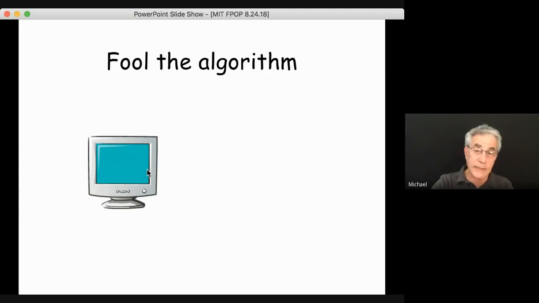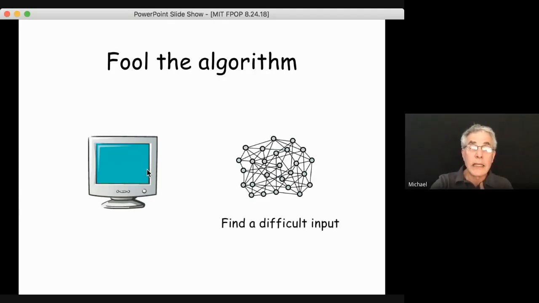Another approach would be to try to find an input, an example like a number to factor or a clique problem where you want to find the clique, which is particularly difficult, where it's really going to tax the computer to solve that particular instance.